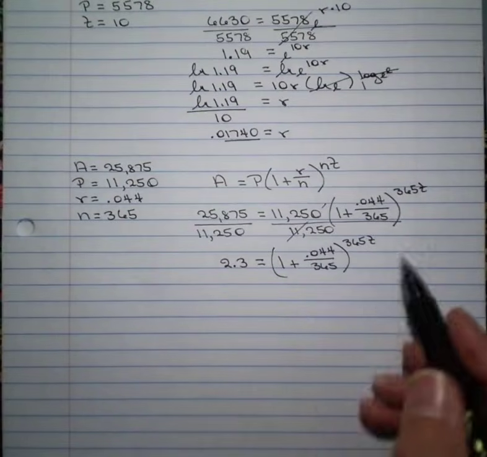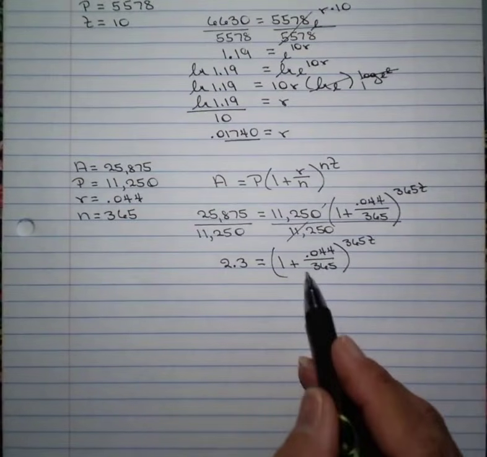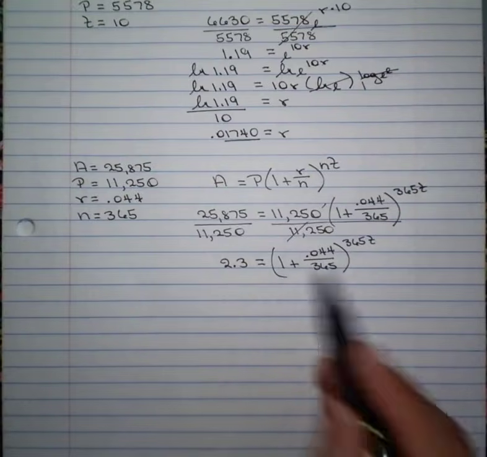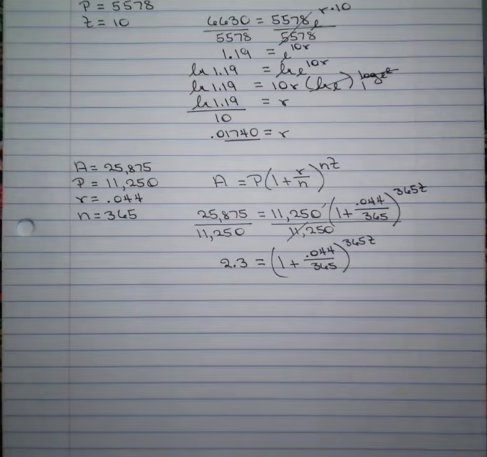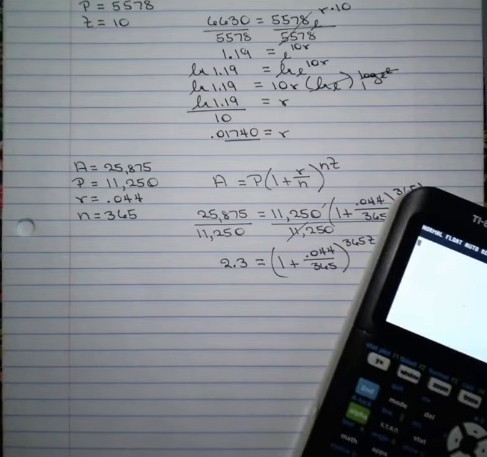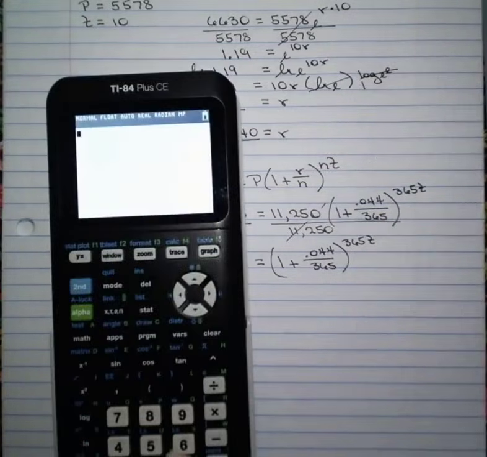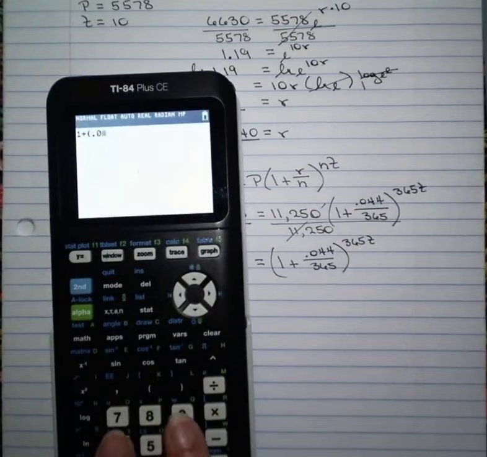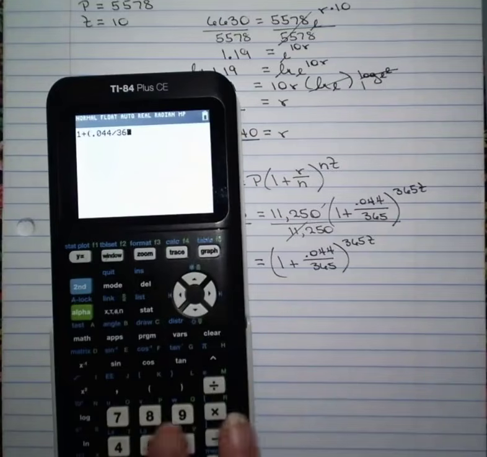But before we do any of that, why don't we take care of what's in these parentheses right here? Let's take care of what is 1 plus this incredibly busy fraction. So let's go ahead and do that. We'll say 1 plus, in parentheses, 0.044 divided by 365, and see what that comes out to be.